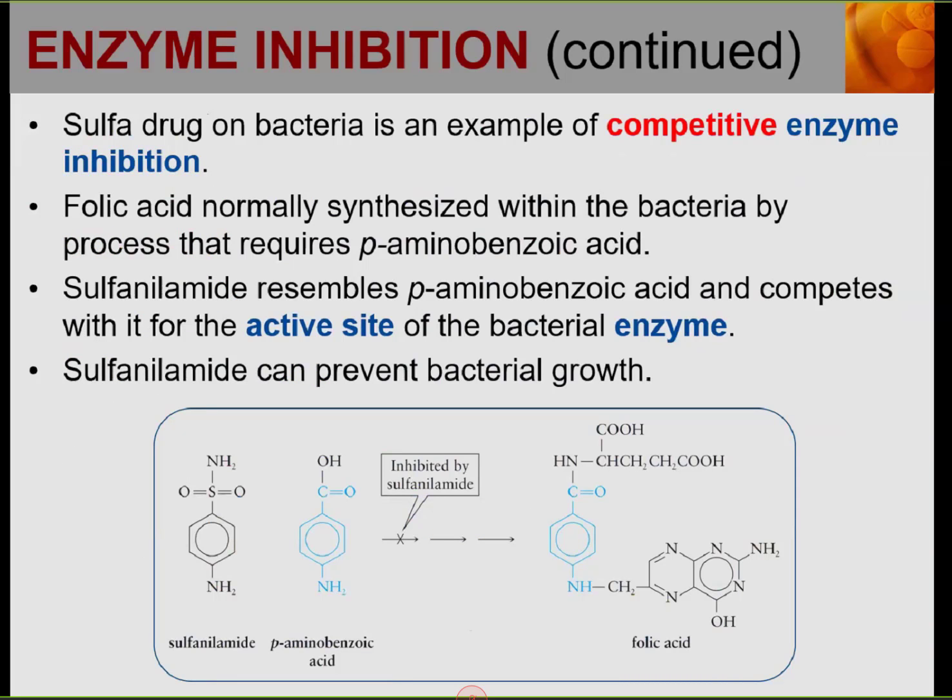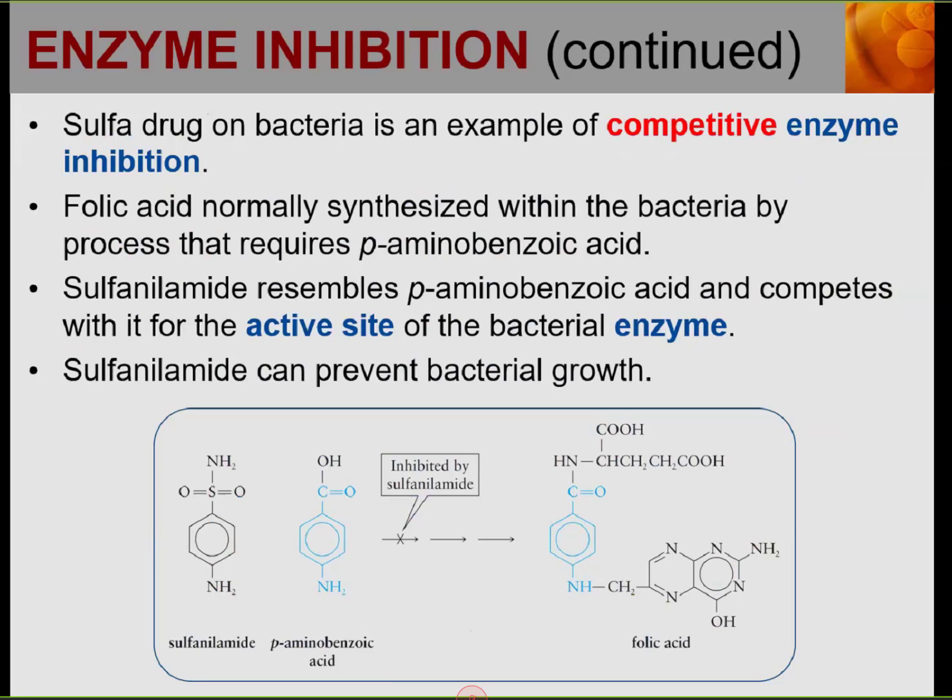And here, this is a competitive situation. Again, it's inhibition, and it's the role that sulfonamide can have in curing an infection. So the sulfonamide looks a little bit like the para-aminobenzoic acid that you see at the bottom of the screen. You see they both have aromatic rings. There's an amino group on the aromatic ring.